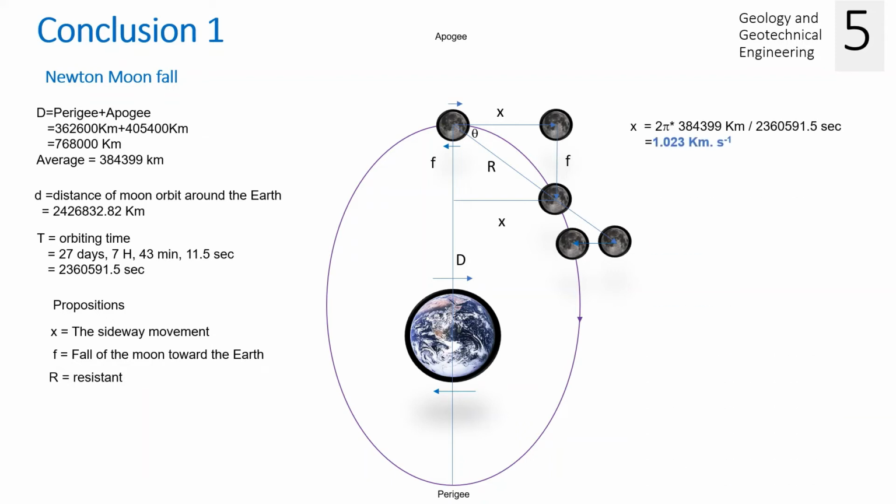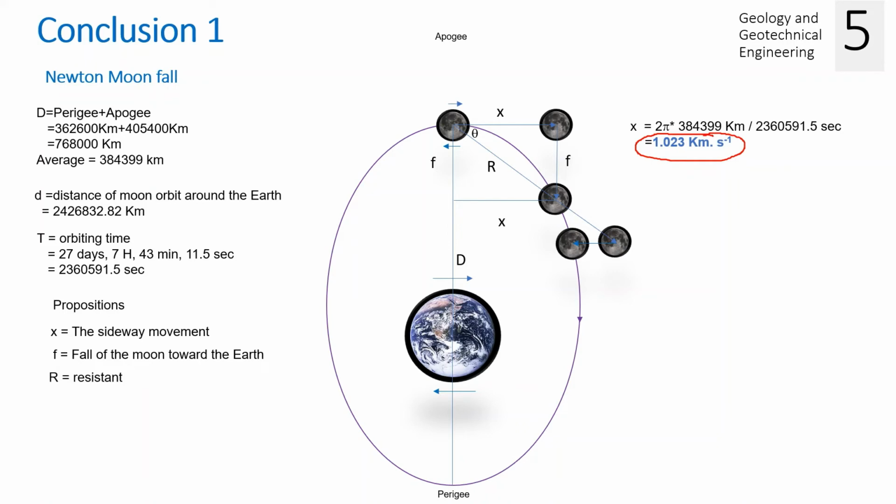Then he could, of course, calculate the amount of the motion of the moon sideways in a second. In 1 second, he found out that it's about 1 kilometer in 1 second.